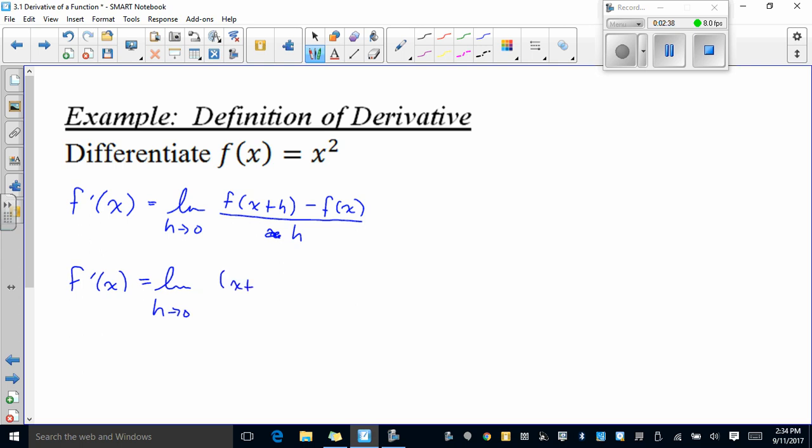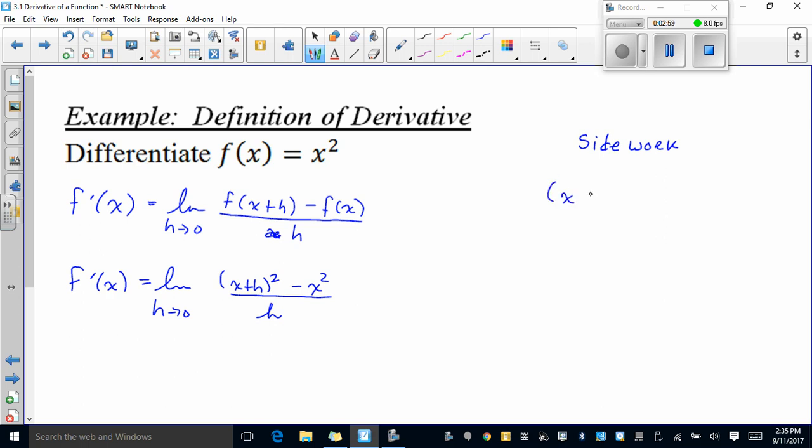Now, this is one of those algebra 1 skills, so I'm going to write it over here as side work. x plus h squared is actually the quantity x plus h squared, or x plus h times x plus h.